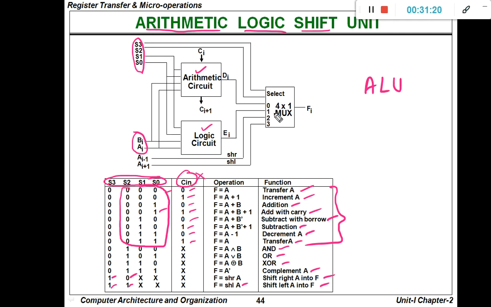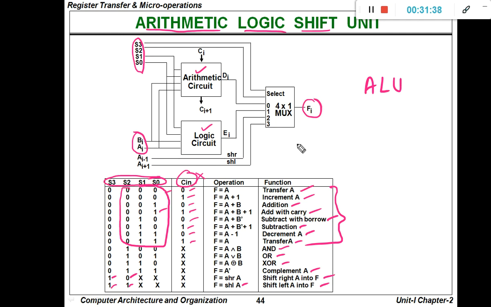Based on the selection, a particular operation will be selected, and here you can see the Ai-1, Ai+1 registers are connected to the 4x1 multiplexer. The final output will be stored in Fi.